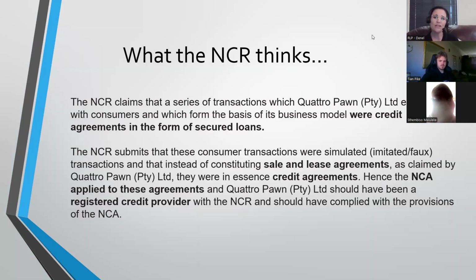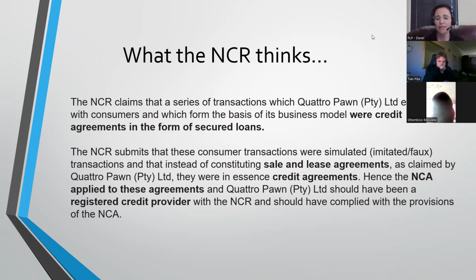Okay, so this is what the National Credit Regulator based their court case on. The NCR claims that a series of transactions which Quatro entered into with the consumers and which formed the basis of their business model were credit agreements in the form of secured loans. So the moment that they granted these secured loans, they were supposed to be registered.